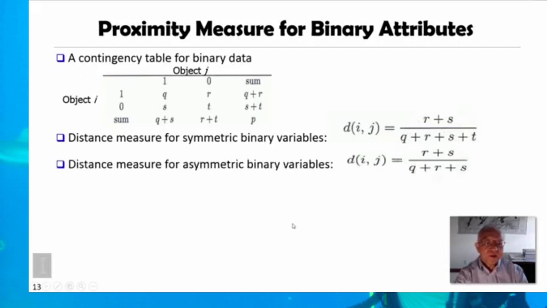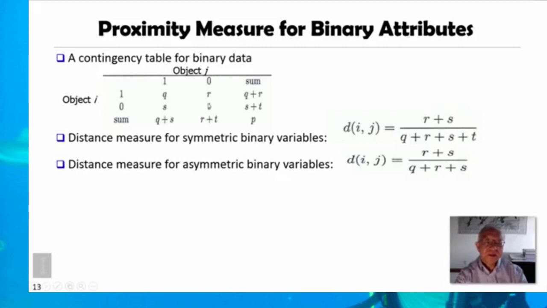For asymmetric binary, usually we assume the case where they both appear is much rarer than they both not appearing. So for these asymmetric variables, it's r plus s, but the case where they both are not appearing, t, is not so important.